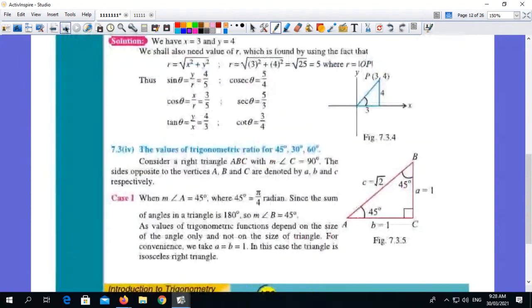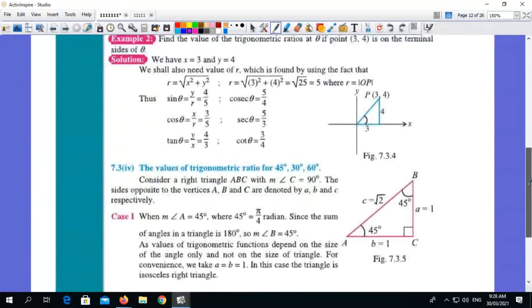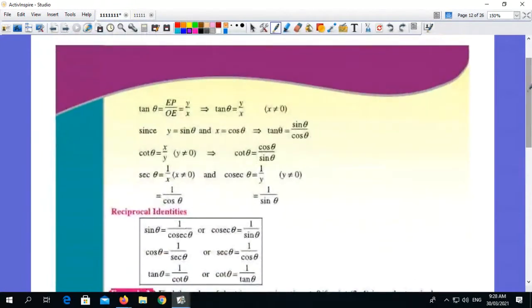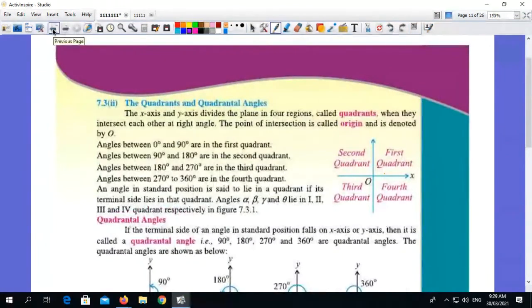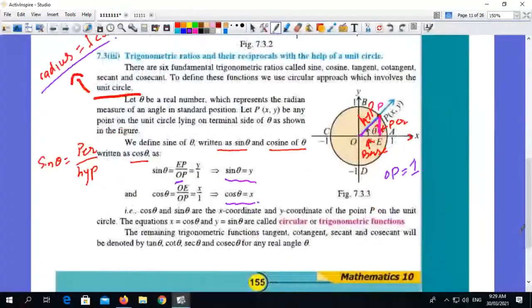So with the help of sin theta and cos theta we can find the remaining trigonometric ratios. Tan theta can be written as sin theta by cos theta, and sin theta equals Y and cos theta equals X. Also tan theta can be written as P by B. On the previous page, perpendicular is EP and base is OE.